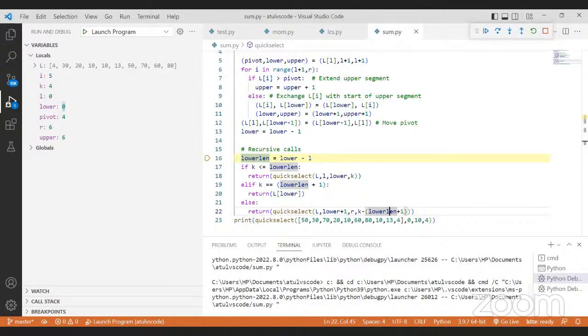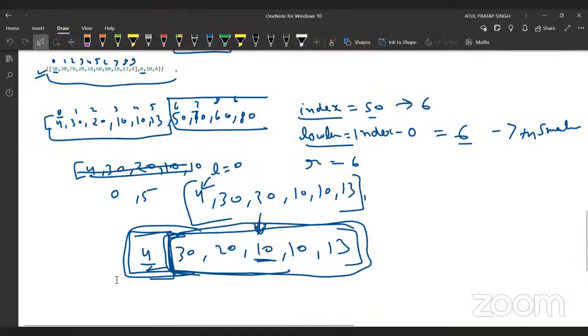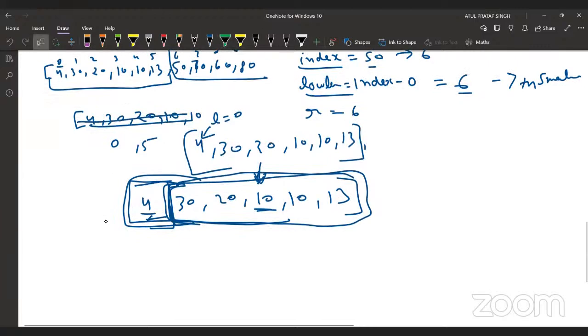Because we are discarding before that, it will be considered in our kth smallest element value, because we will finally return the kth smallest value in the complete list. If we are discarding any part, what is before that must also be considered. So we cannot return this directly. For example, if we do not reduce the k value, then in this list we would get this as the fourth smallest element, but we cannot return this answer, because 4 also comes before this.